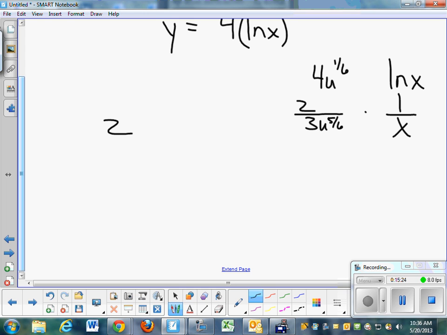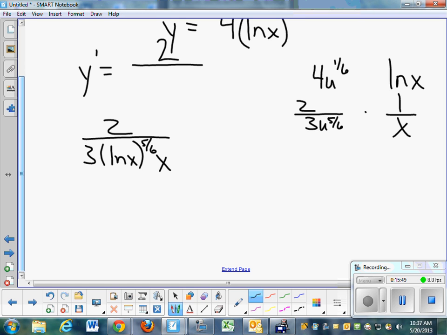So I have 2 over 3 times the natural log of x to the 5/6 power times x. Sure. So you would probably see it more commonly rewritten as Devin said, 2 over 3x times the natural log of x to the 5/6 power.